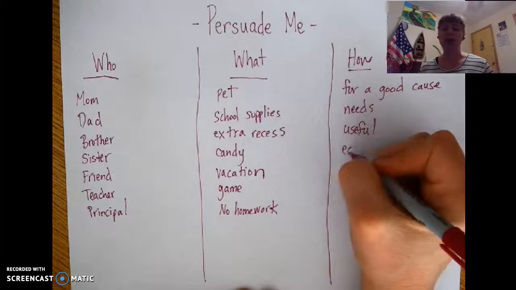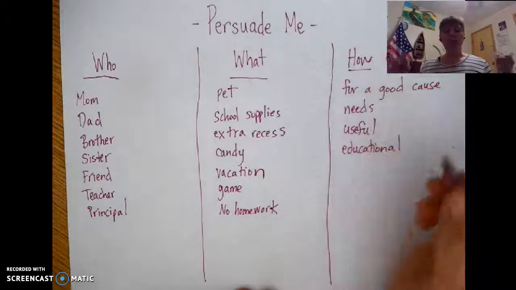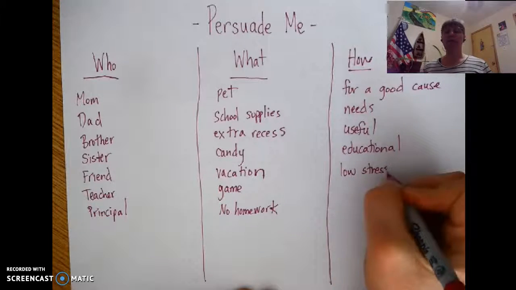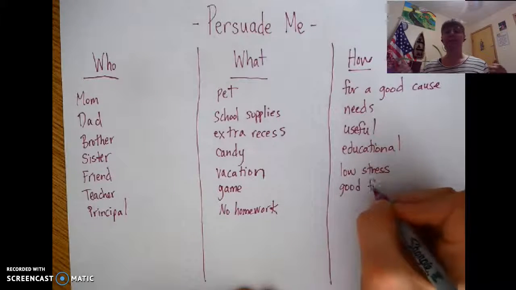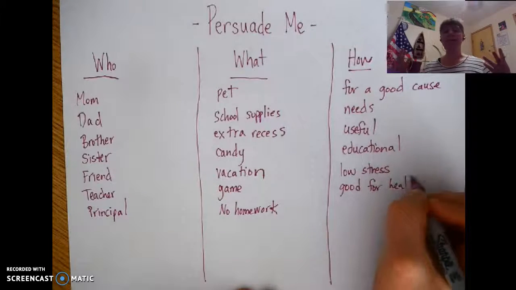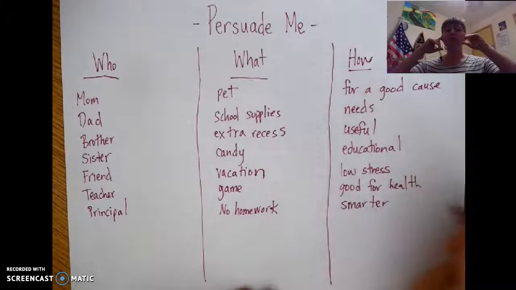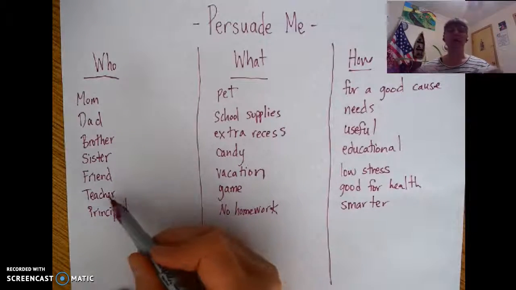Something that is educational. Something that will lower our stress. Something that is very good for health. Something that can make us smarter. All of these reasons, or different ways that we might persuade people.